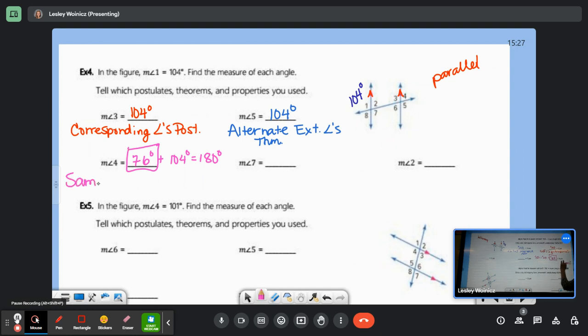Yes, same side exterior angles theorem. So not only are we finding the angle, but the directions also say tell which postulates, theorems, and properties we are using. We're always defining our new angle in terms of the one that they gave us. All right, what about angle 7?